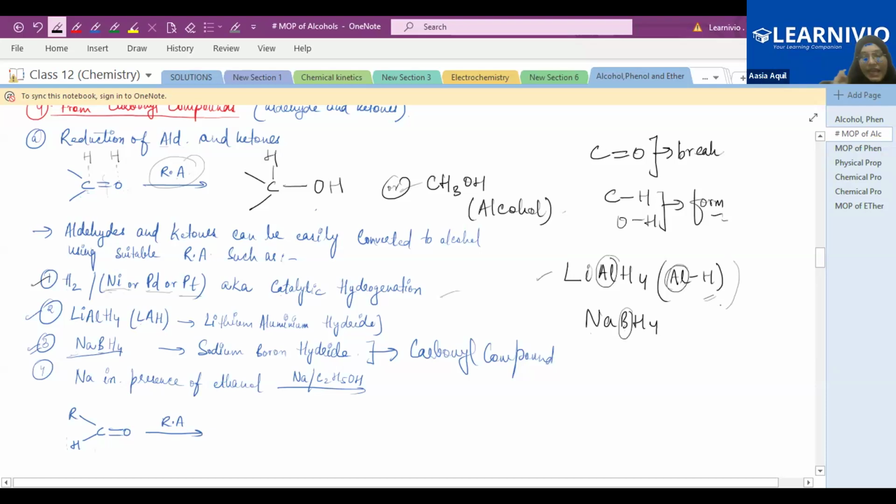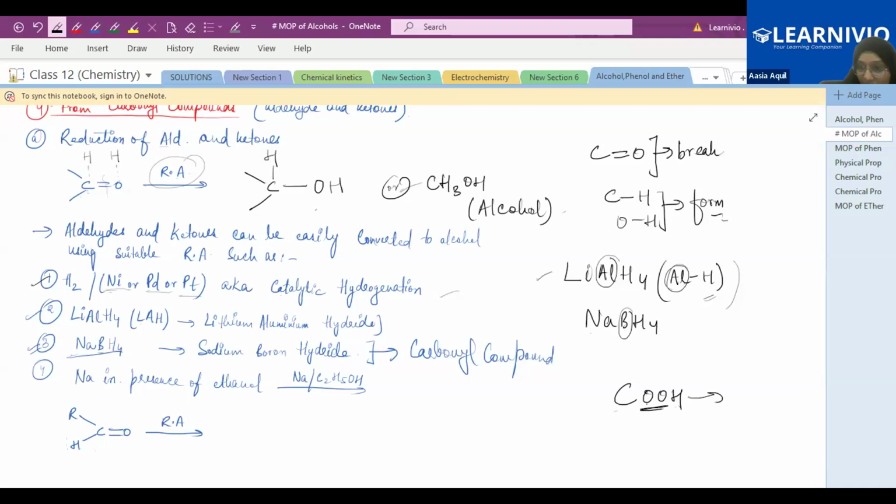It will reduce any group, either an ester or carboxylic acid, because see, in carboxylic acid, two oxygens are present. And what is reduction? Reduction is either the removal of oxygen or the addition of hydrogen, right? So when you reduce this carboxylic acid, if you are not using a strong reducing agent, if you are using sodium borohydride, it's not as strong as lithium aluminium hydride. It is a weak reducing agent.